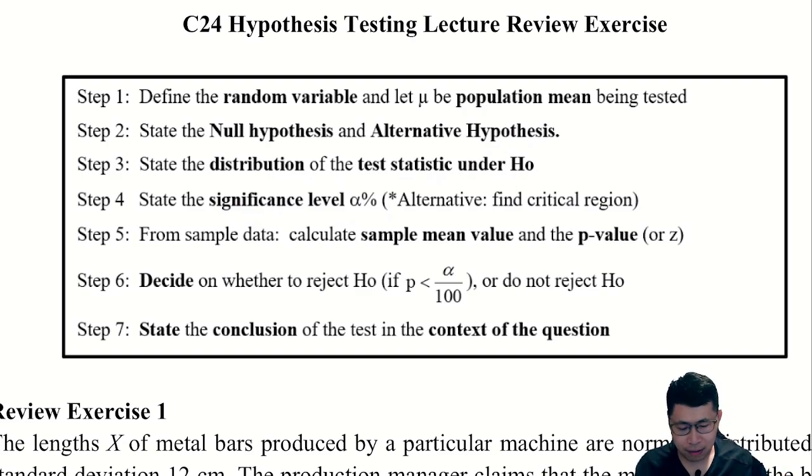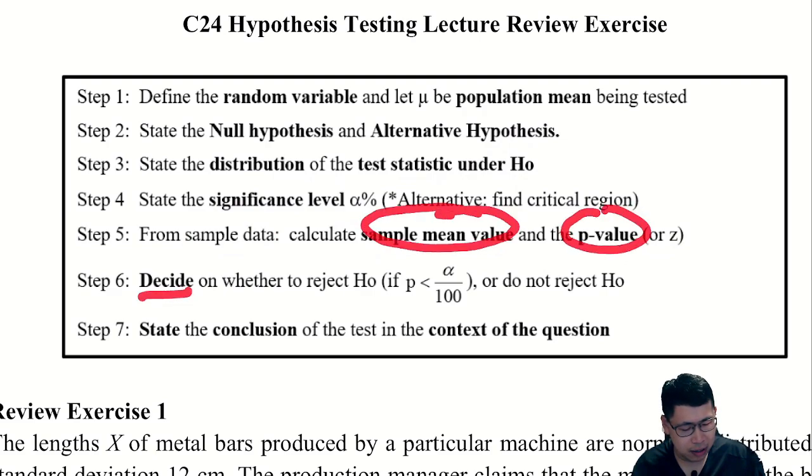Step 5, we will gather the data from our sample, and we will need to calculate our sample mean value, p value, or the critical value, which is the z-score. So we have 3 possible ways to go about this step. In step 6, we will need to decide based on the sample mean value, p value, or z.